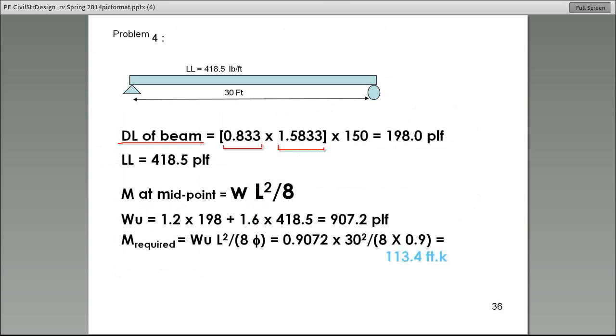T is 19. If you multiply those by 12, these are the numbers that you get. And we're calculating the entire cross-section. In other words, we are using what we call T, or the overall depth. Why? Because we want to know exactly how much concrete we have in this section, because we're calculating the dead load of the beam. How much does this concrete beam weigh?